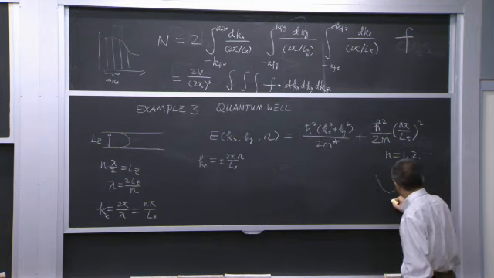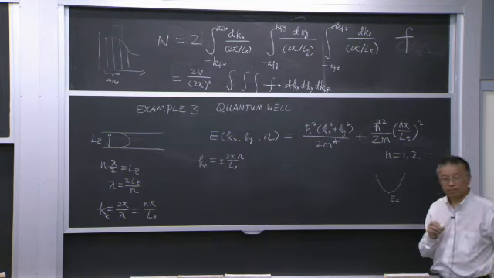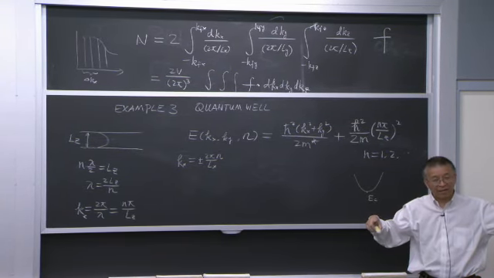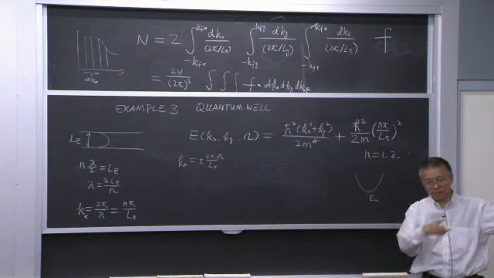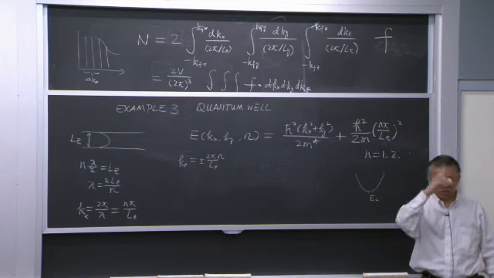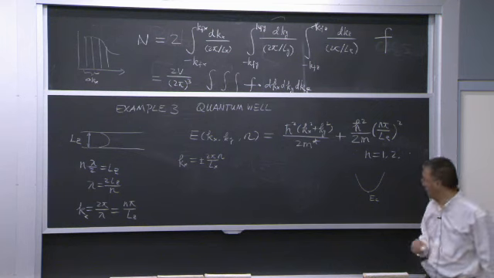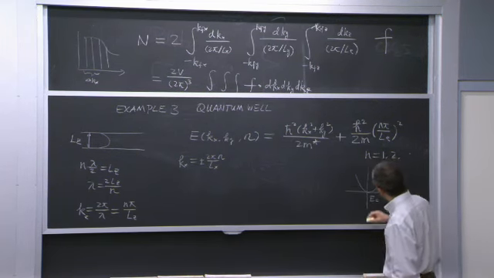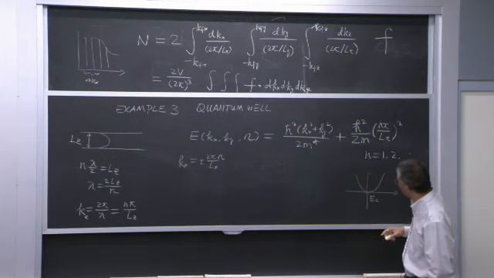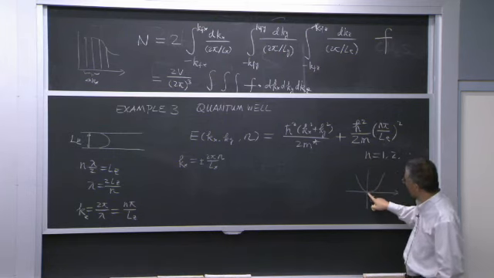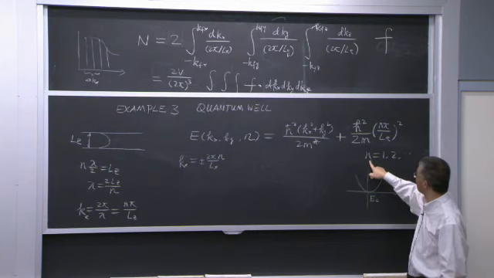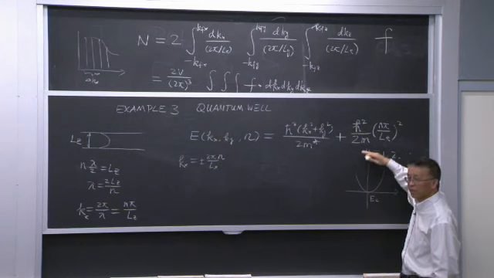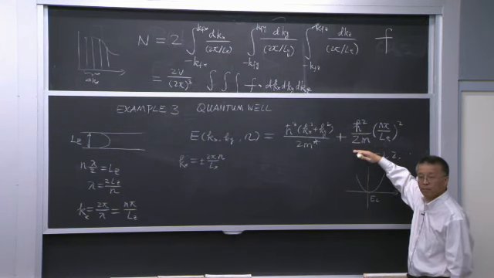This is the EC before, that's the bulk. Of course, I'm only drawing one direction, but you have to think of this as kx, ky, so you do a rotation. When I have quantization, the minimum energy can no longer be here, because n equals 1 gives me the first level. So the bottom of the conduction band will shift up.